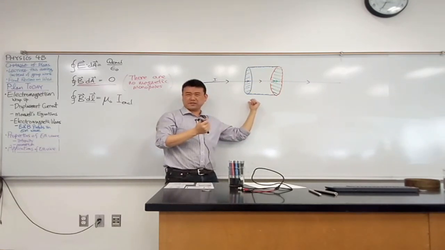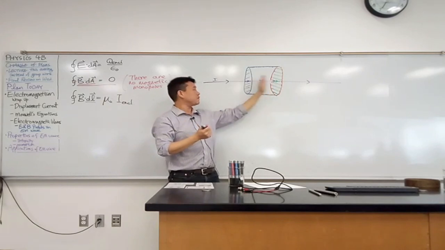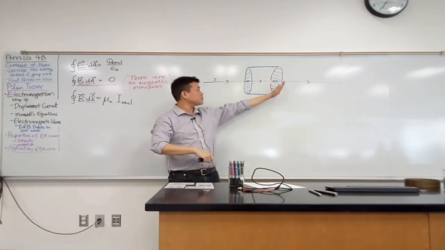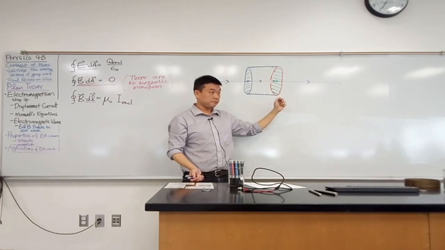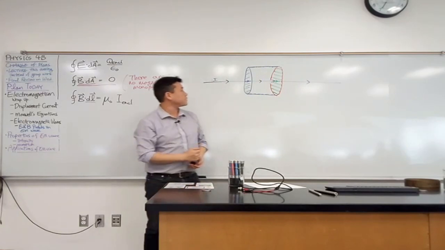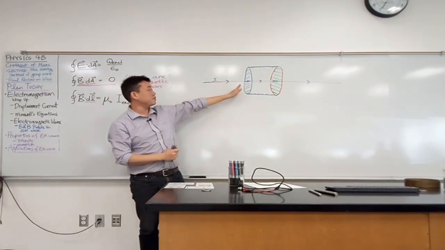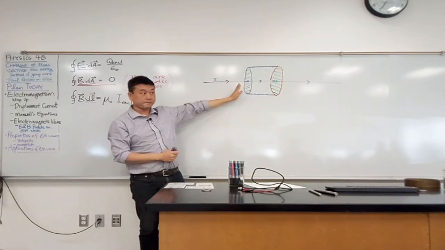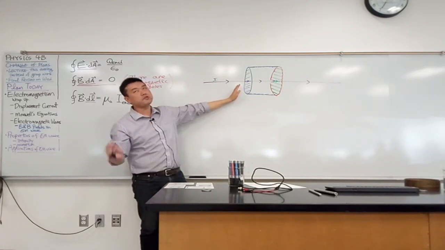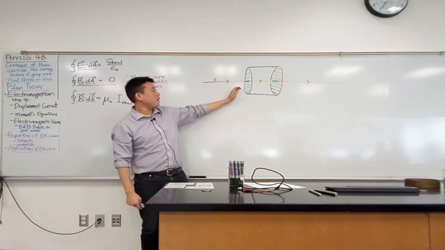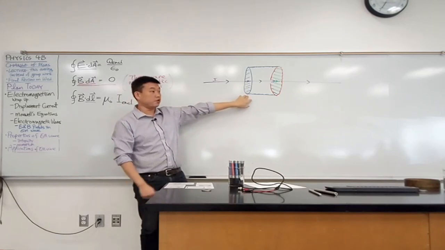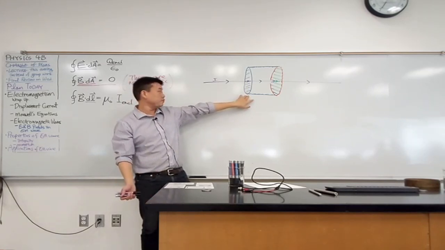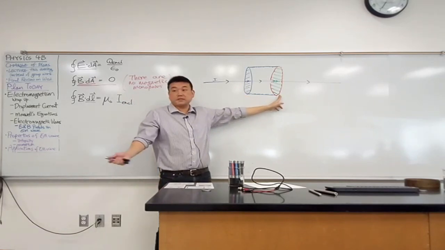Everyone sees the ambiguity here, in choosing different surfaces defined by the same loop. So the question is, does this ambiguity matter? Can you come up with a situation where using this surface you would say a current is enclosed, but using this surface you would say current is not enclosed?